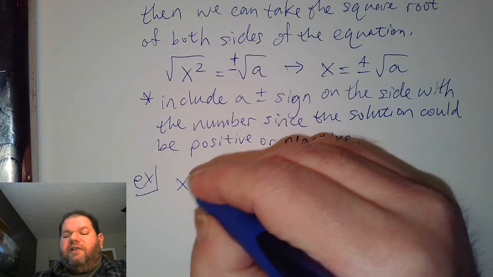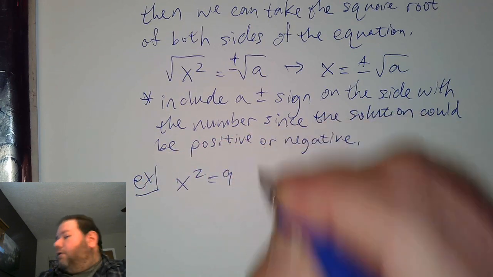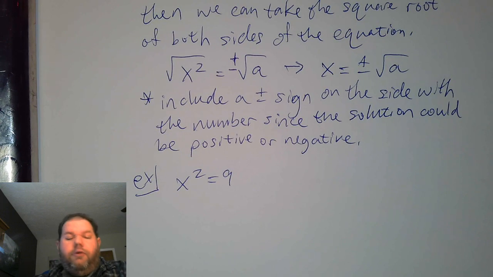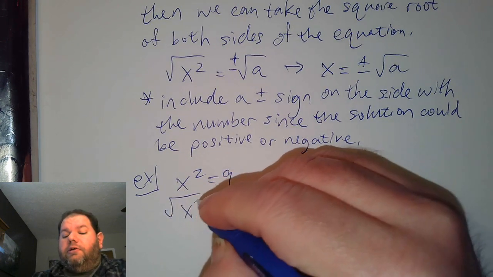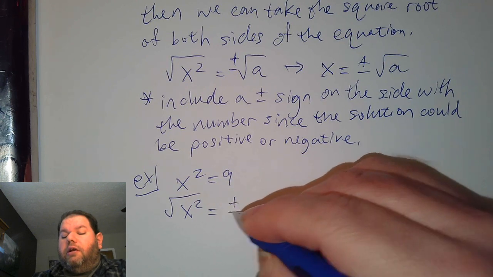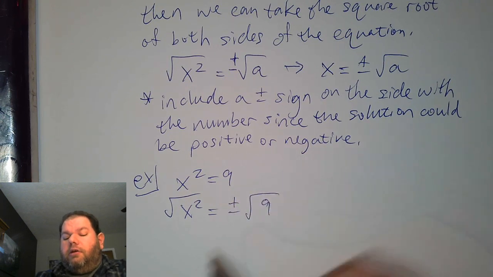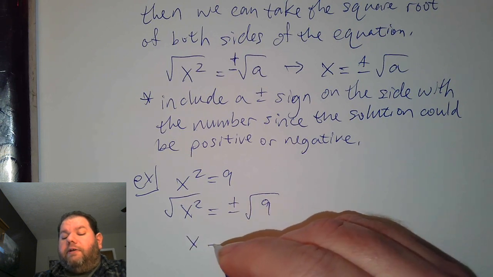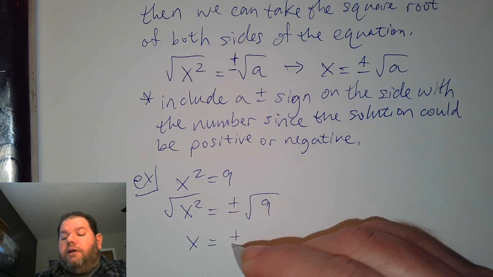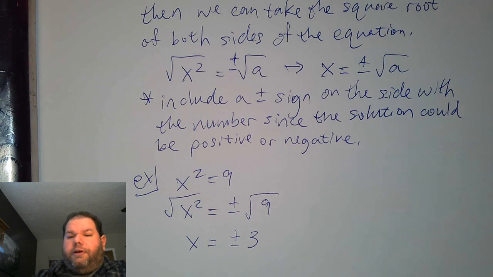So let's say x squared equals 9. We know that we can take the square root of both sides of the equation, sure to include a plus minus on the side with a 9. Square root of x squared is just x, and the square root of 9 is the number 3, since 3 squared is 9.